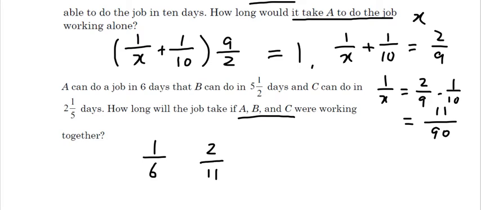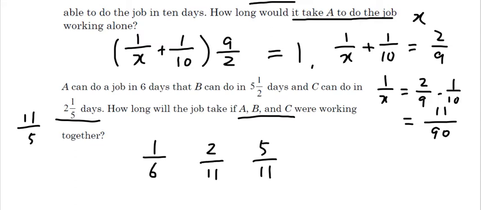And C can do the job in 2 and 1/5 days, so this is 11/5 days. Also, 1 day is 5/11. So for A, 1 day he can finish 1/6.